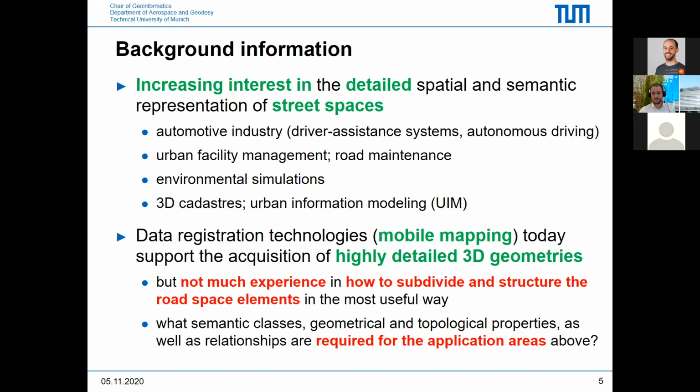And I also just said that there are data registration techniques that can acquire this highly detailed information, but there is so far not much experience on how to subdivide and structure these road space elements in the context of city models in order to make the data usable. So the question is, what semantic classes, geometrical and topological properties, or relations between individual objects are required in order to be usable for as many applications as possible?